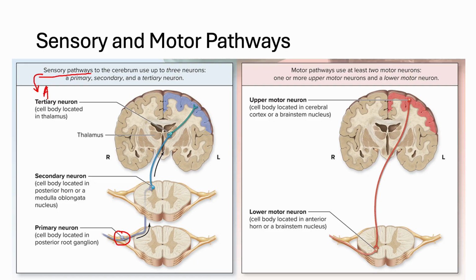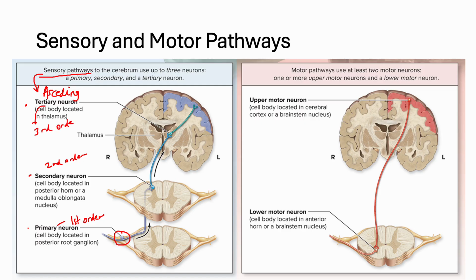So these are ascending pathways. Typically these contain 3 neurons: a primary, a secondary, and a tertiary. The primary is also called first order, the secondary would be second order, and the tertiary would be third order.